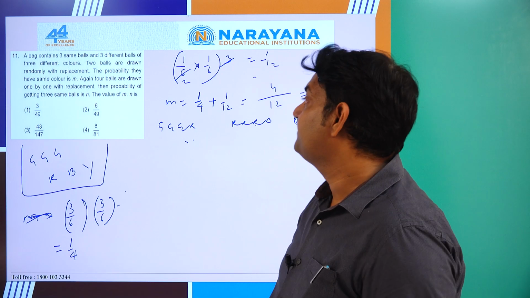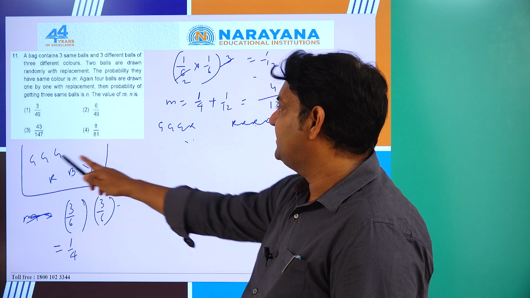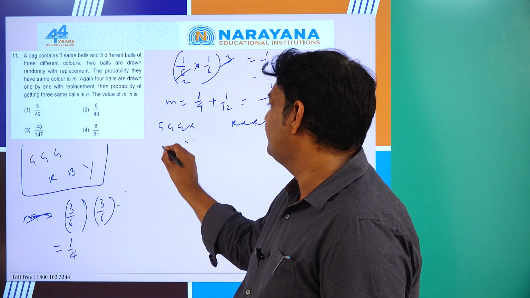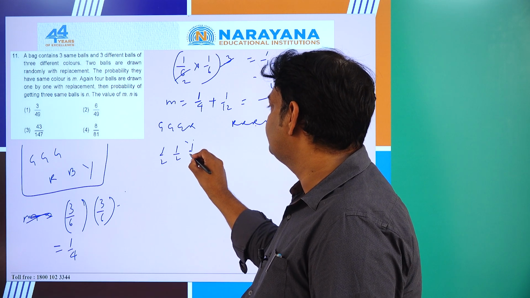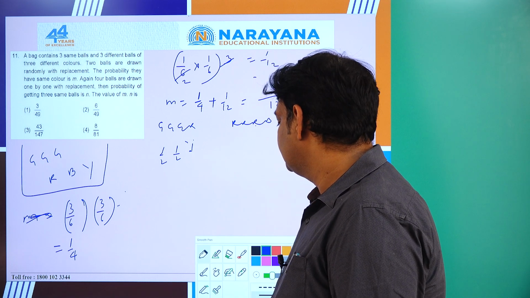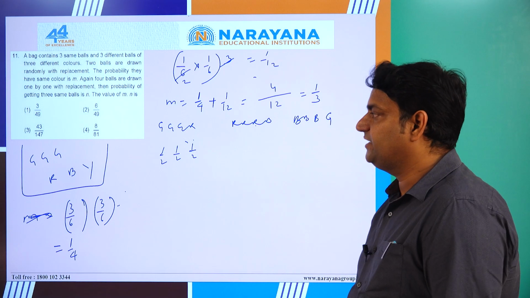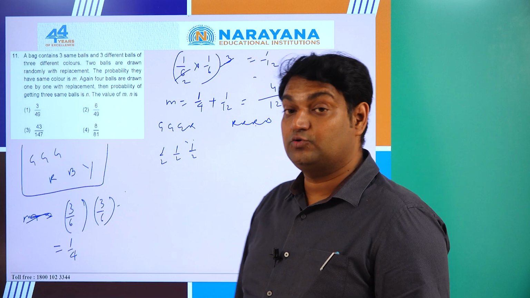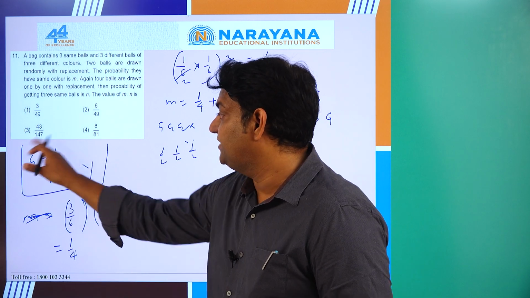So come to this case. Green is coming. What is the probability that green will come? 3 by 6, 1 by 2, 1 by 2, 1 by 2. Why? With replacement. First green came, 1 by 2. Second green came, 1 by 2. Third green came, 1 by 2. Now the fourth ball will not be green, so favorable cases are 3, total cases 6.